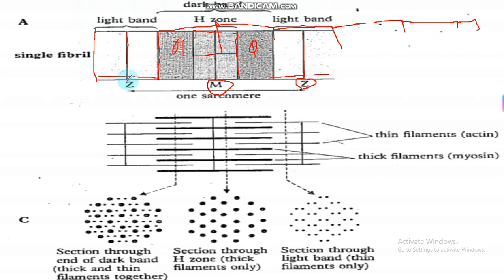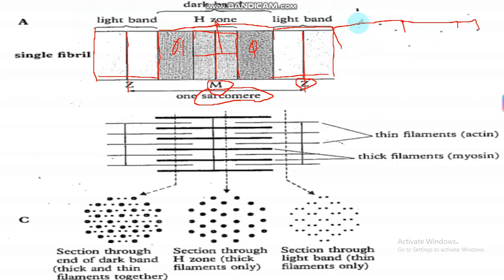And we are saying the region between this Z line and this Z line is what we call the sarcomere. The sarcomere. So what is the sarcomere? The region between two Z lines. So we say that this one, of course, is the dark band. If we started from here, we would have another dark band here.